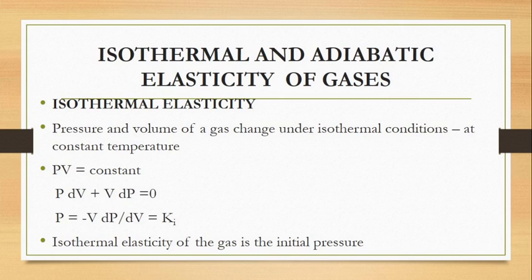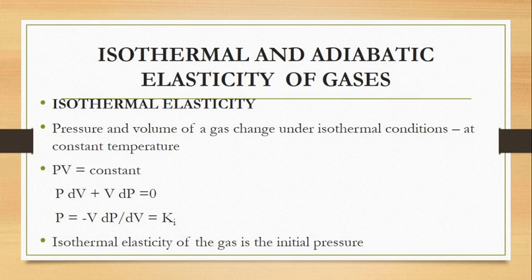So in the case of isothermal elasticity, pressure and volume of a gas change under isothermal conditions. That means the temperature will remain constant when pressure and volume of a gas changes. Then the elasticity is known as isothermal elasticity.